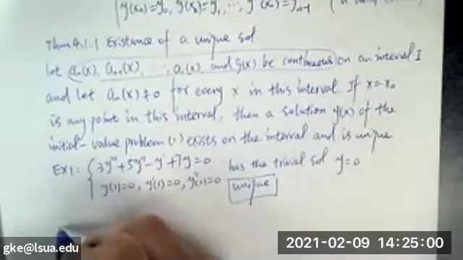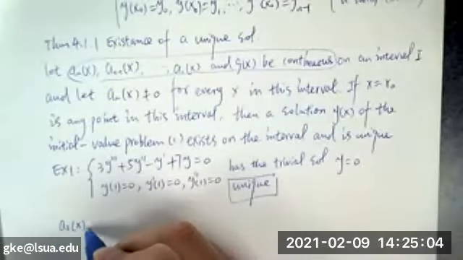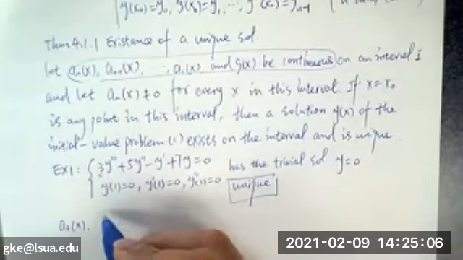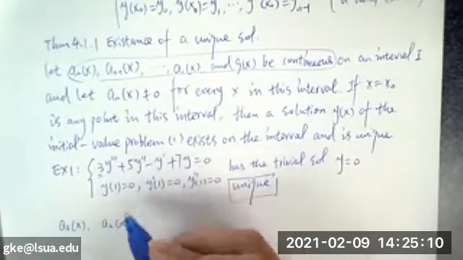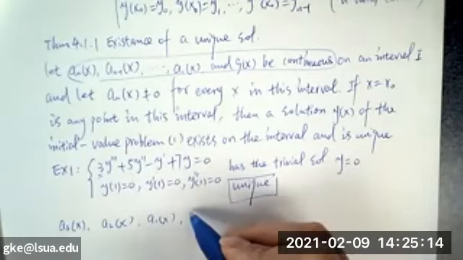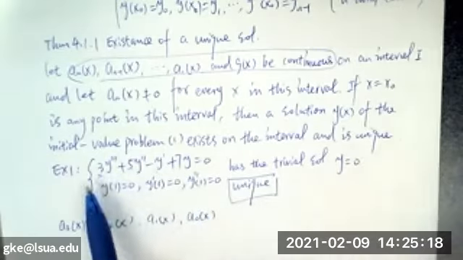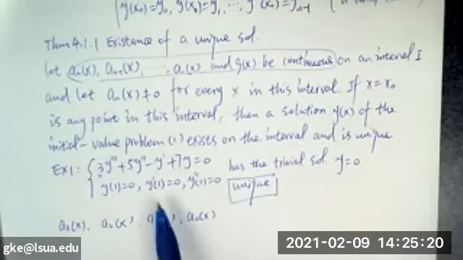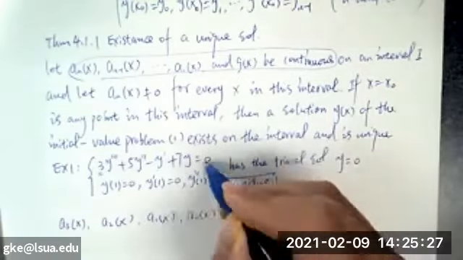First thing we can see, a3(x), a2(x), a1(x), a0(x) correspond to these coefficients, and g(x) is 0.